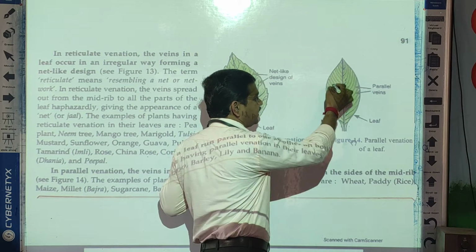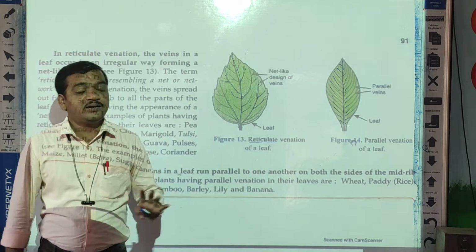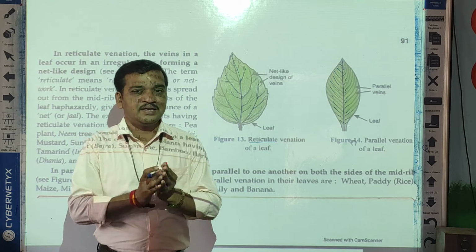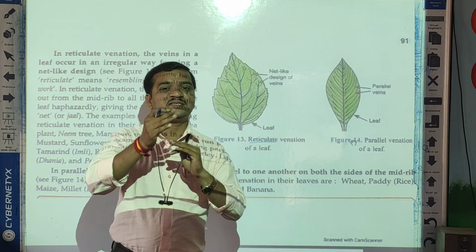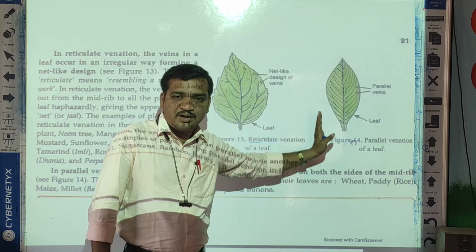Such a type of venation is called parallel venation. So in parallel venation, the veins run parallel to each other on both sides of the midrib.